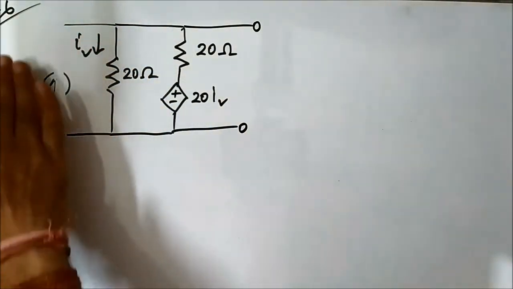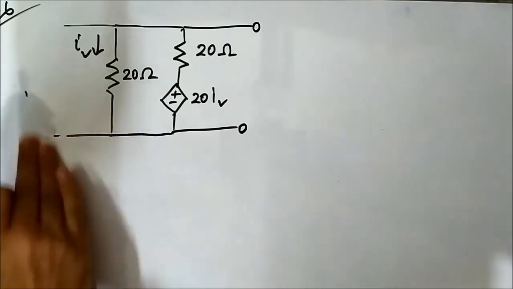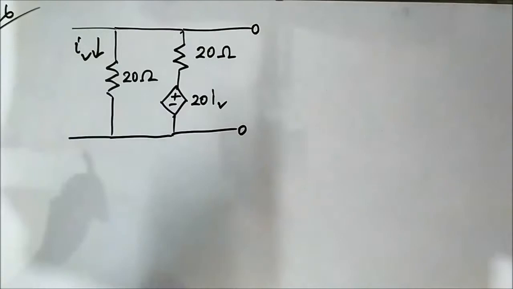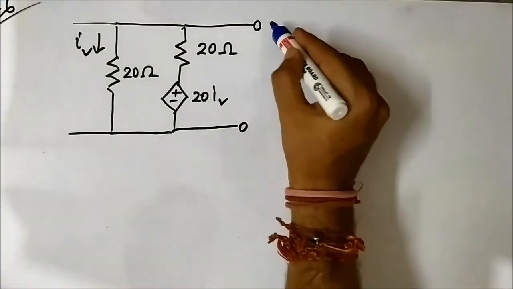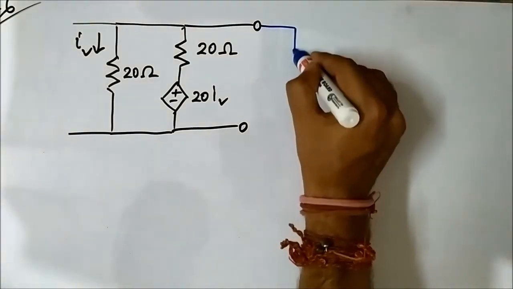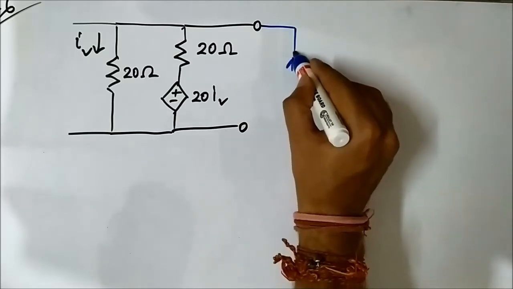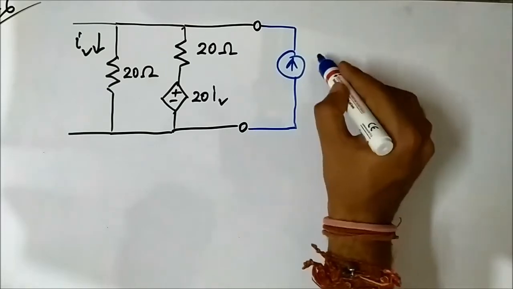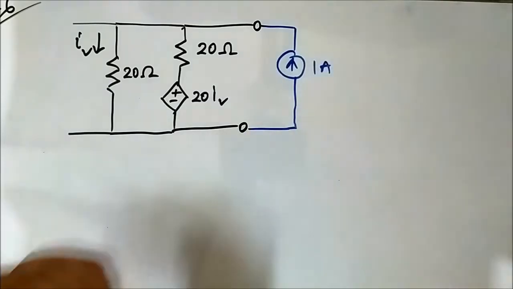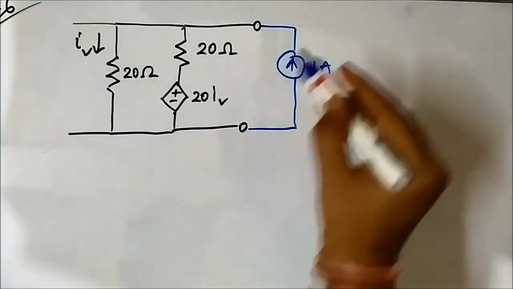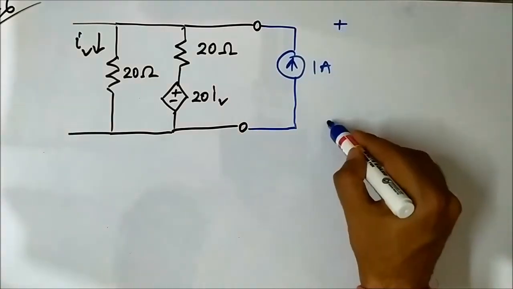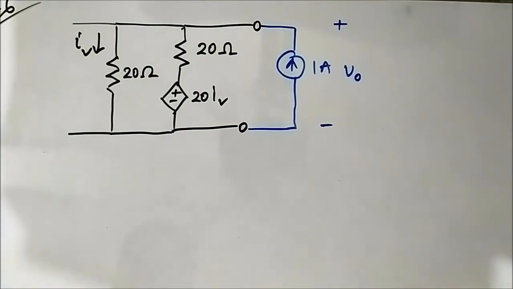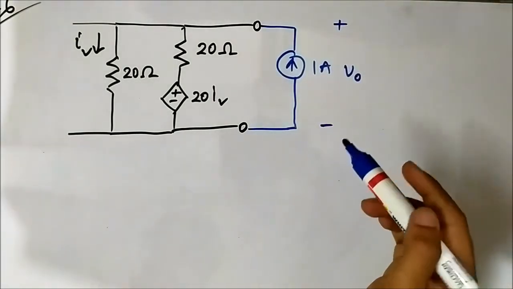As it is a current source, we have to open circuit it and excite the circuit with another, let's say 1 ampere current source, as we have done in all the previous questions. And we have to find out the terminal voltage across this 1 ampere current source.